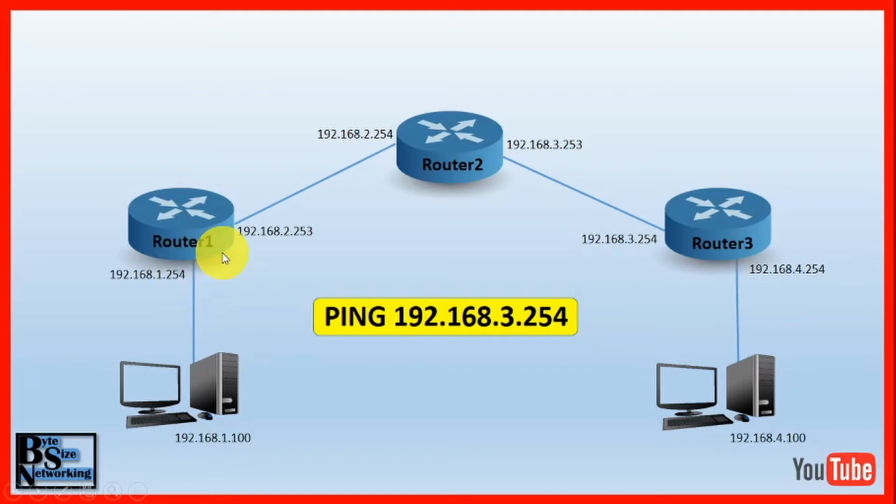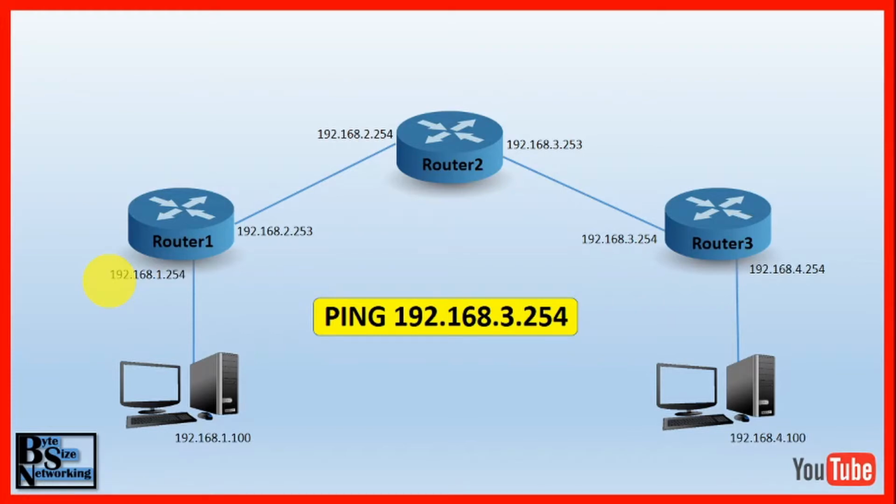Router 1 will then say, I have 192.168.1 attached to me, I have 192.168.2 attached to me, I don't have an interface with 192.168.3 attached. It will then look at its static routing table and look if there are any static rules or routes that have been set up for traffic that is looking for this network. In that case, it's going to find nothing and it will simply drop that request. You'll then get a failed ping response.